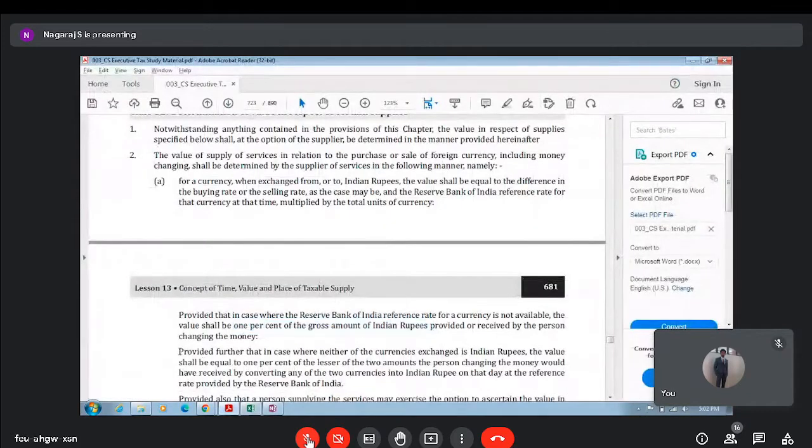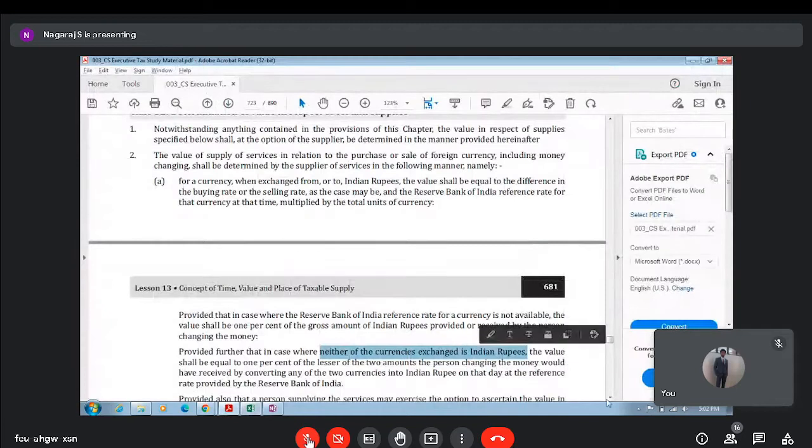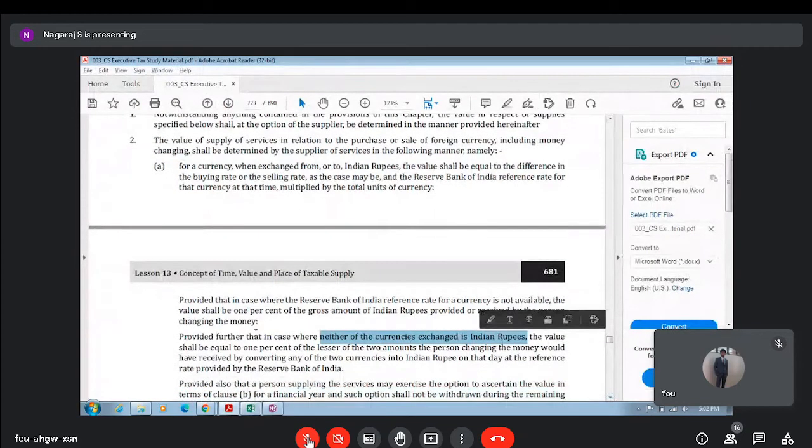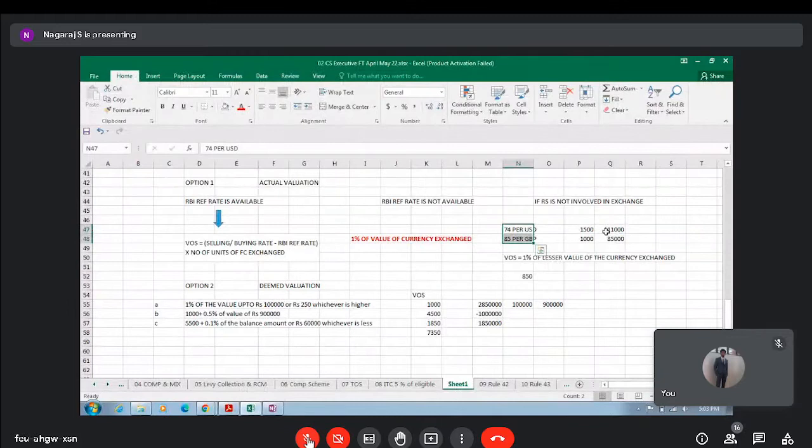Third one, provided further that in case where neither of the currencies exchanged is Indian rupees, that is USD, GBP, neither is Indian rupee, the value shall be equal to 1% of the lesser of the two amounts.